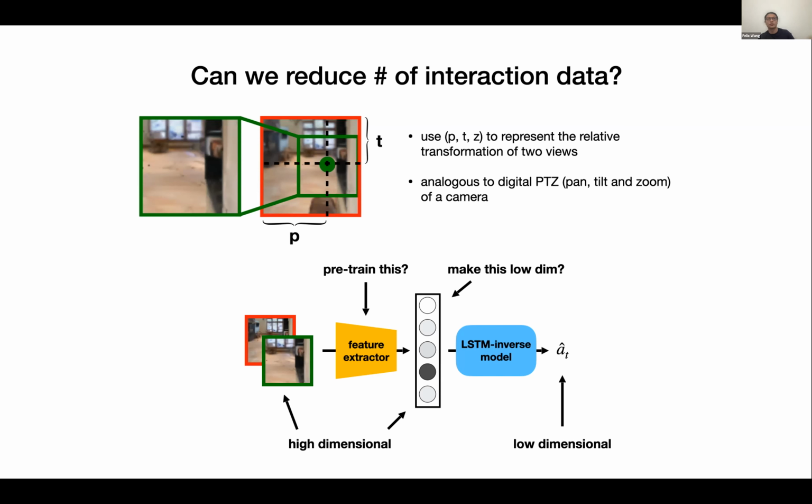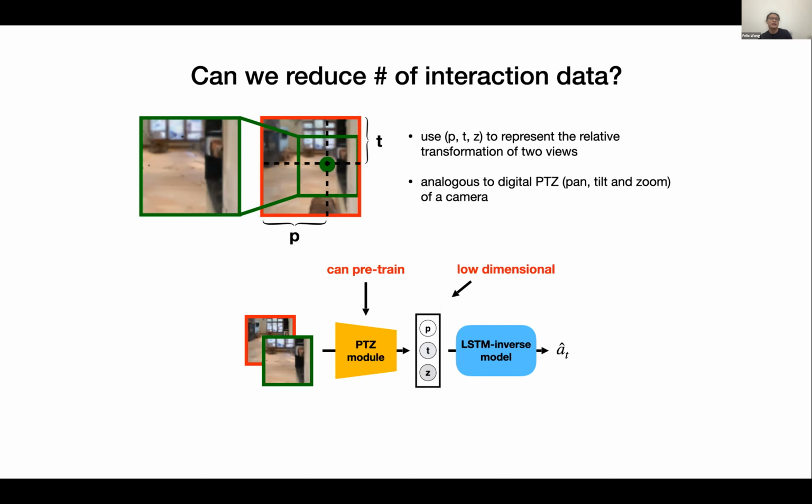This is very similar to how a digital camera pans, tilts, and zooms from one view onto the other. So let's now try to use P, T, and Z to represent this three-entry vector for the relative transformation of the two views. If we replace the fixed feature extractor with this PTZ module that predicts the P, T, and Z, we've now modified the architecture into this new network.